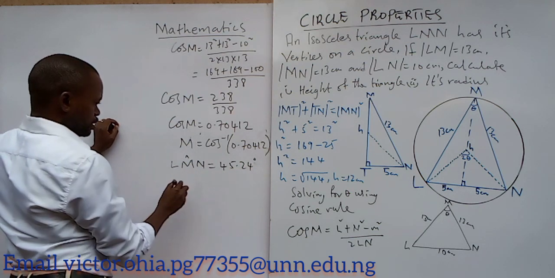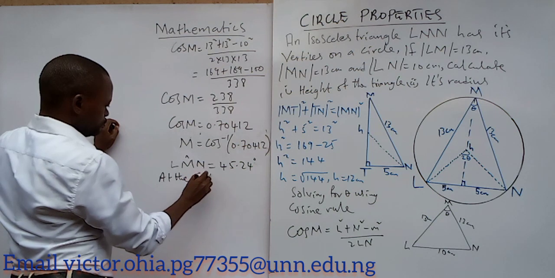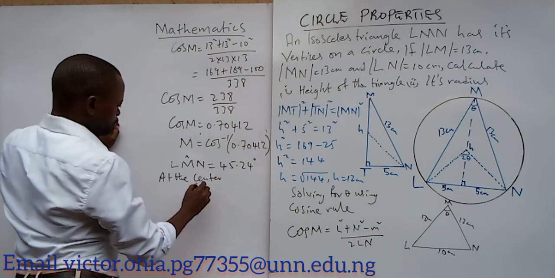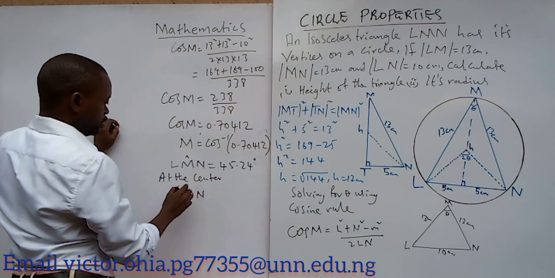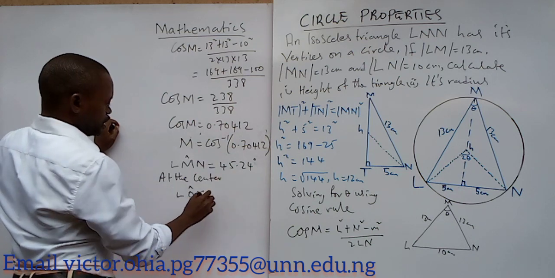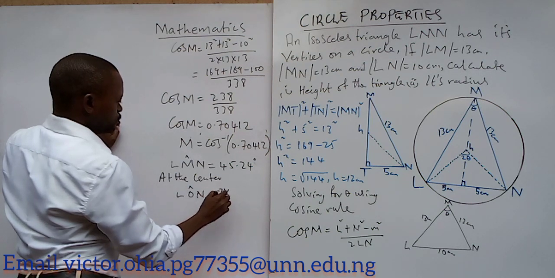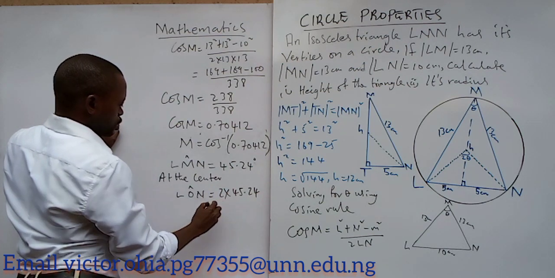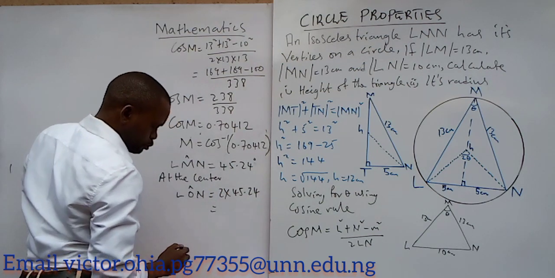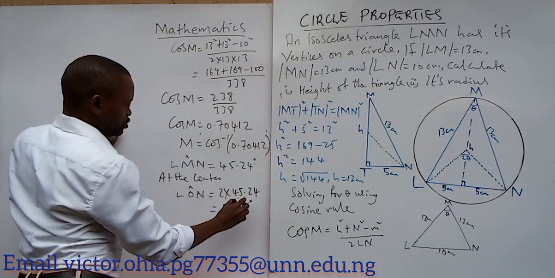Now the one at the center will now be L, O, N. Let me call that center O. This angle will now be 2 times 45.24, and that will give us 90.5 degrees.